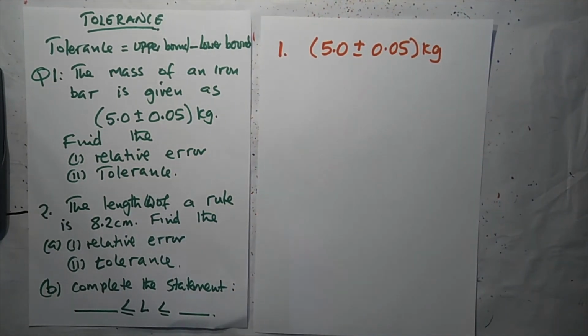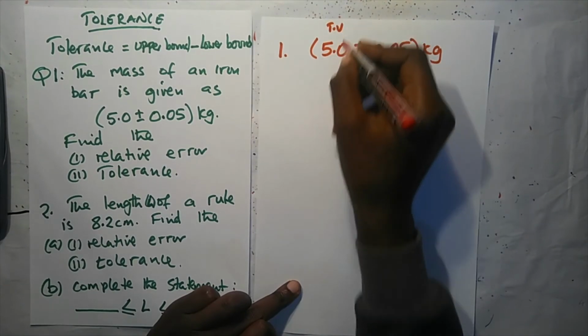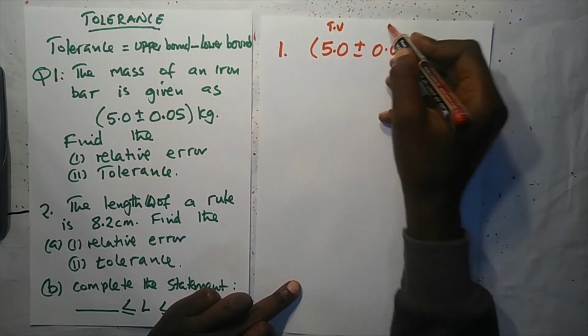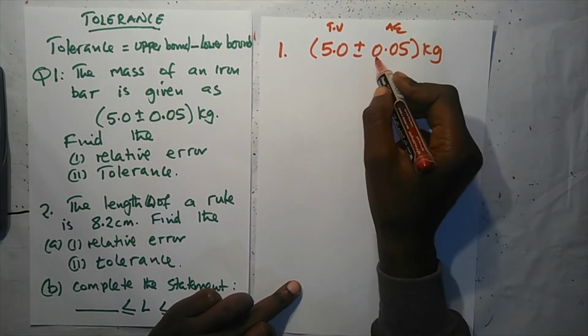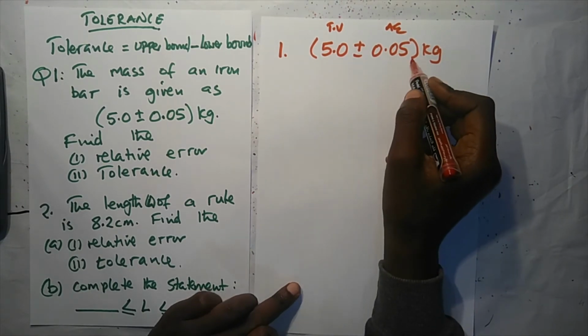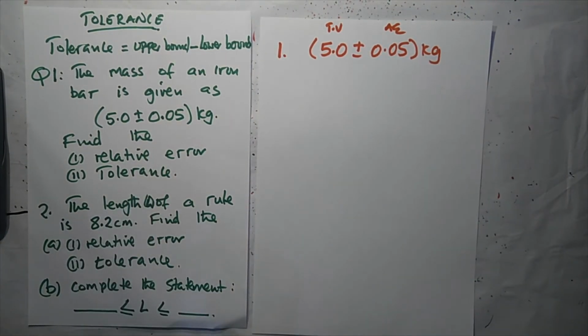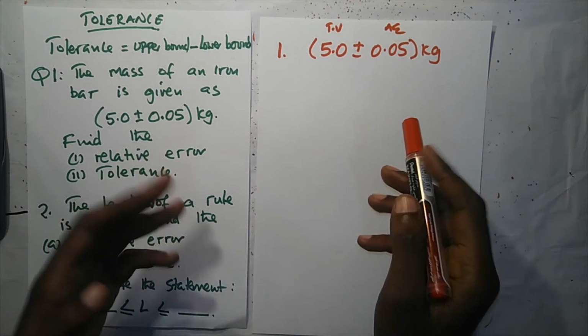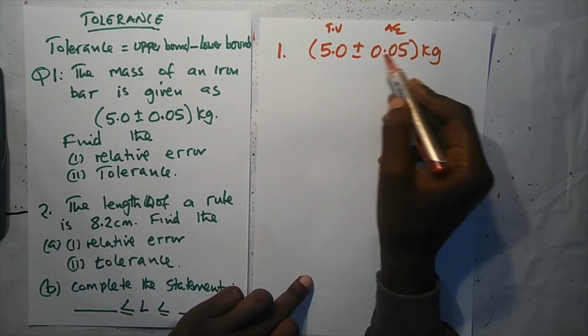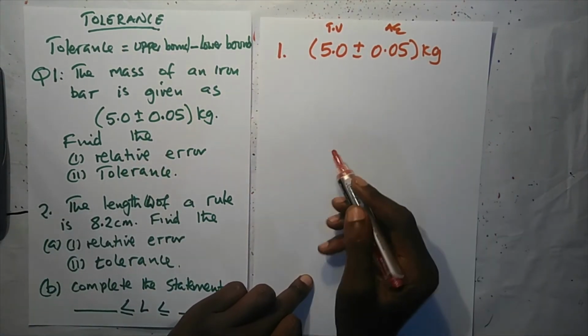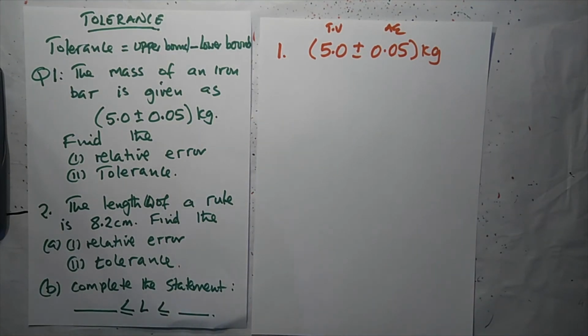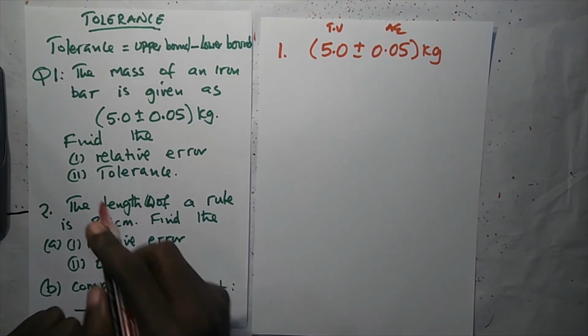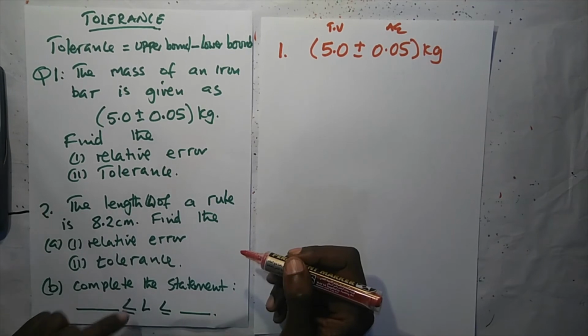Starting from here, 5.0 is the true value and the absolute error for this true value is 0.05. They are both given in the question. So when we ask you to find the absolute error, all you do is look at the question and get the absolute error here, 0.05. The first question now says find the relative error.